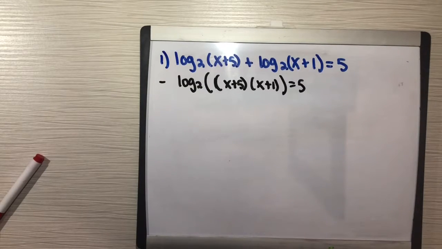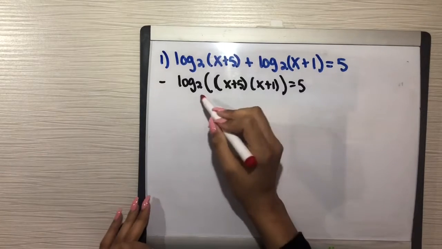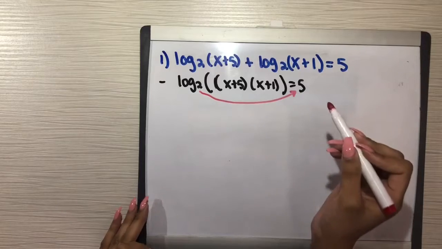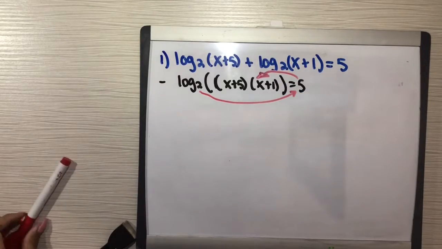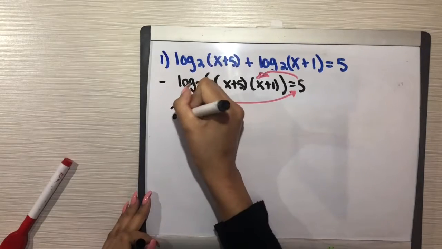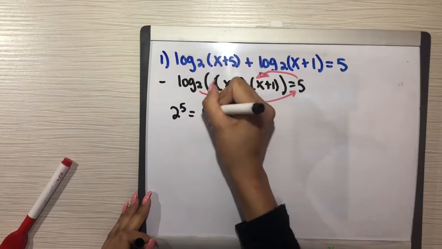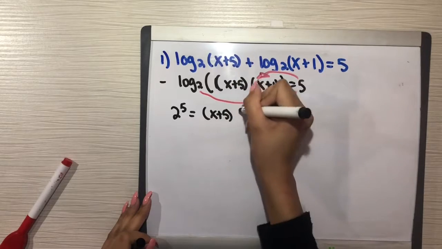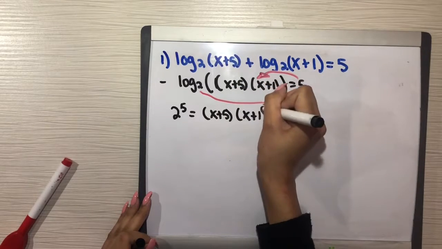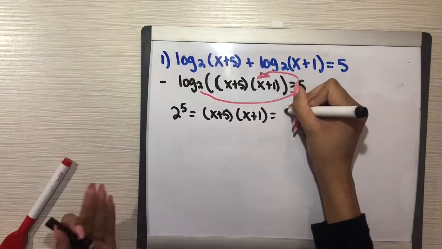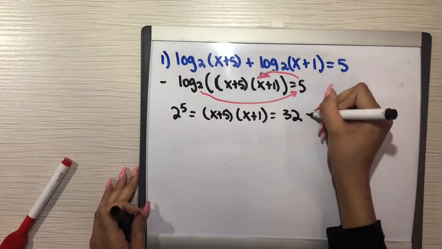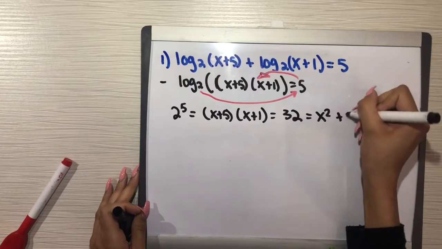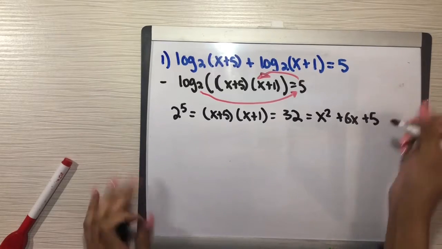Now that we only have one log, we're going to change it into its exponential form. 2 raised to the power of 5 is equal to what's inside the brackets. Now 2 raised to the power of 5 equals (x plus 5)(x plus 1). 2 to the power of 5 is 32, and if you FOIL what's inside, you get x squared plus 6x plus 5.